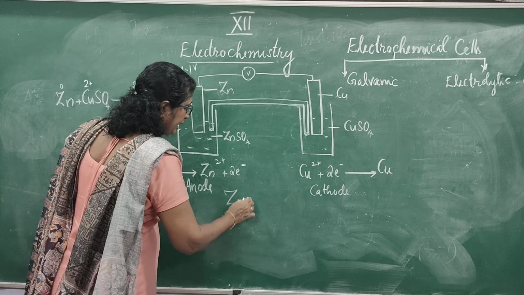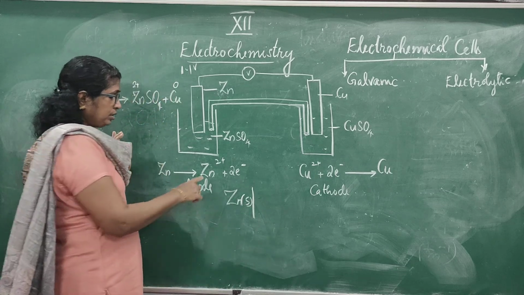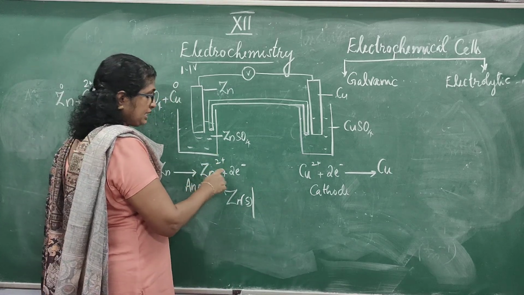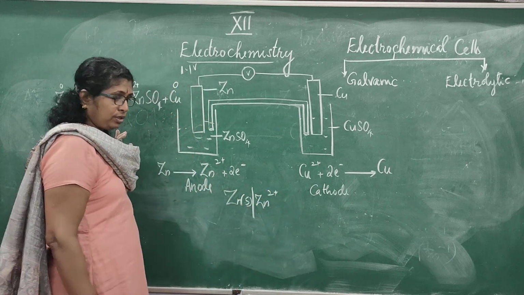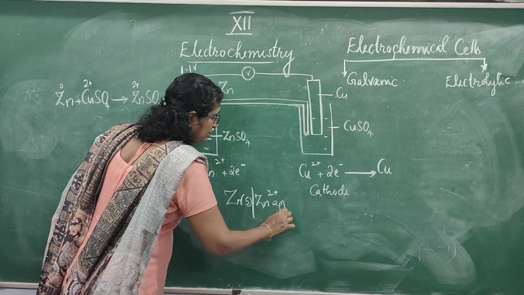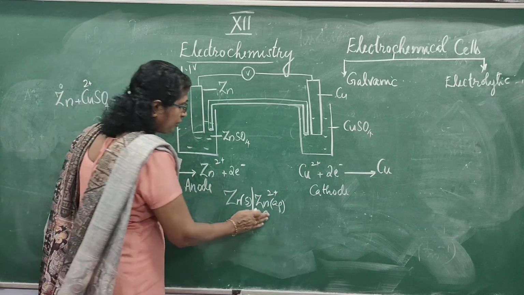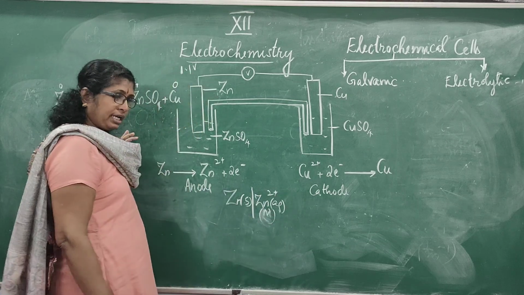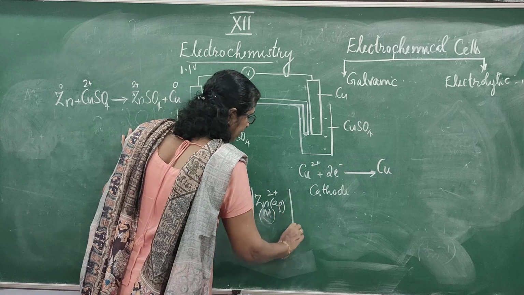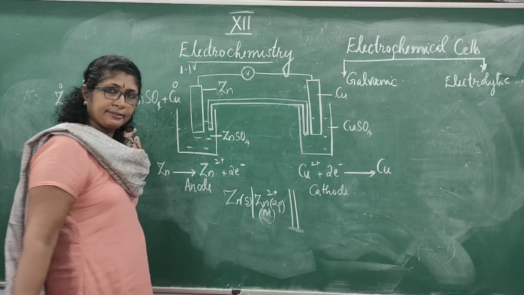Then the salt solution with which it is in contact: zinc 2 plus ion, zinc sulfate solution, aqueous. You will have to write the concentration of the solution in molarity. Then the salt bridge, which is represented by two parallel lines.